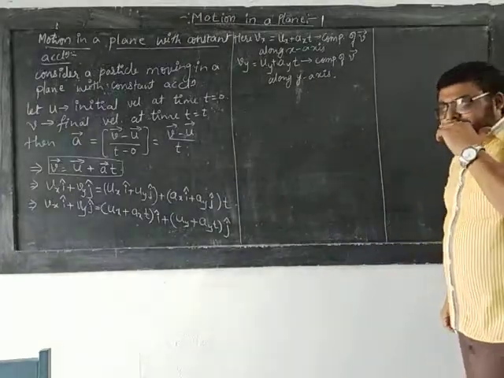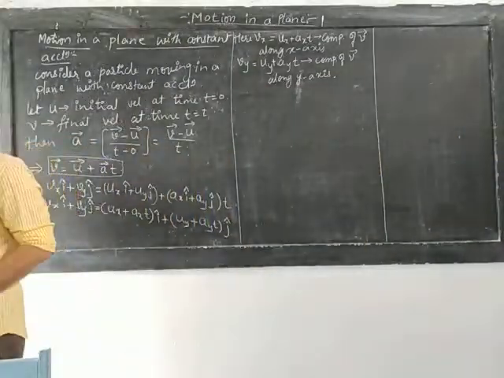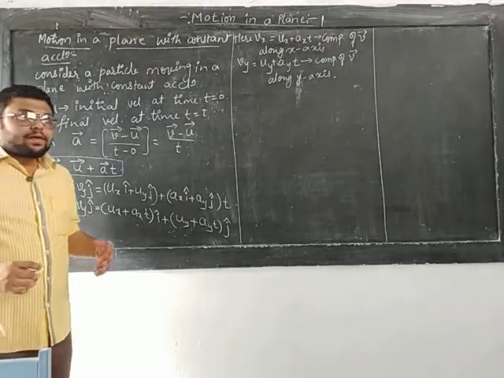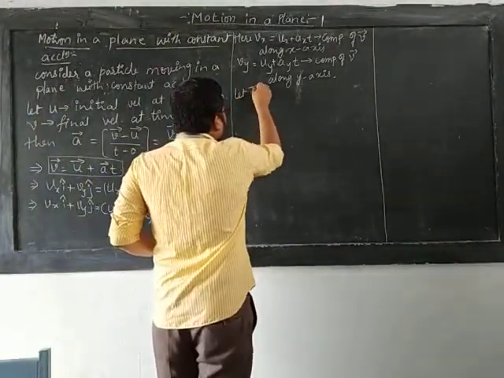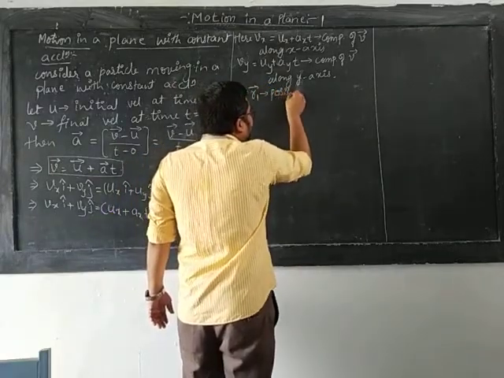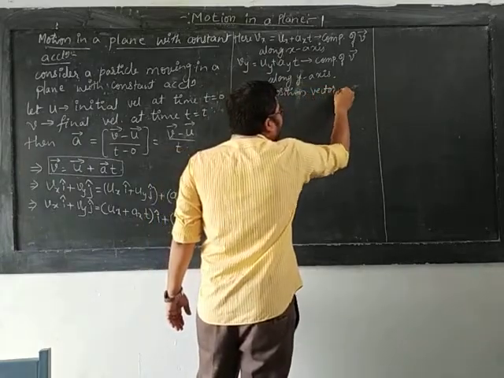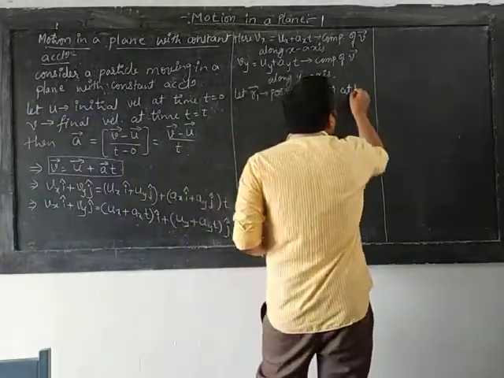Is it clear? Okay. So next, we need to move to position vectors. Now let us consider vector R1 as a position vector at time t equal to 0.